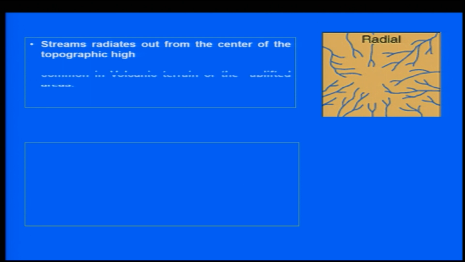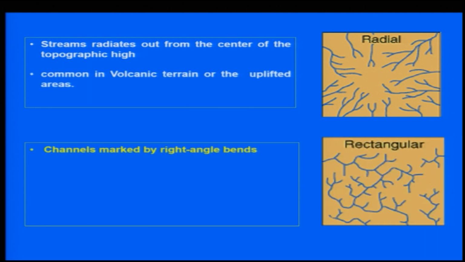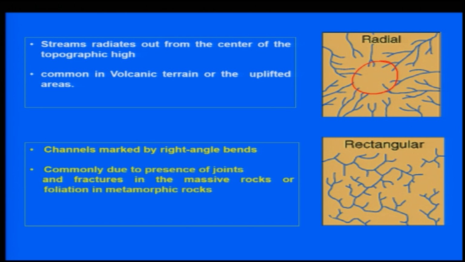Then we have the radial patterns, which indicate that there is an elevated portion in the center, and that has allowed the drainages to flow in either direction. Okay. And then we have rectangular drainages, commonly seen in an area where you have fractured or jointed rocks, and they are almost at a right angle along their bends.